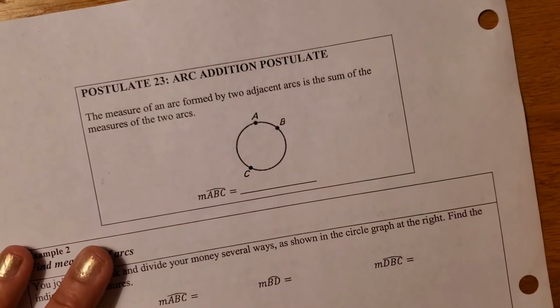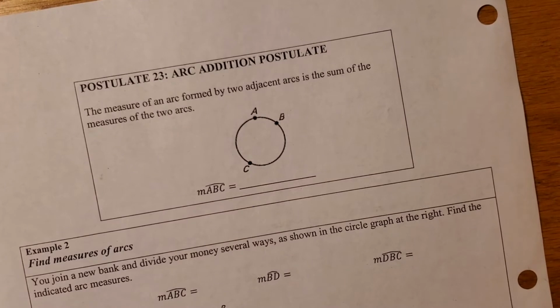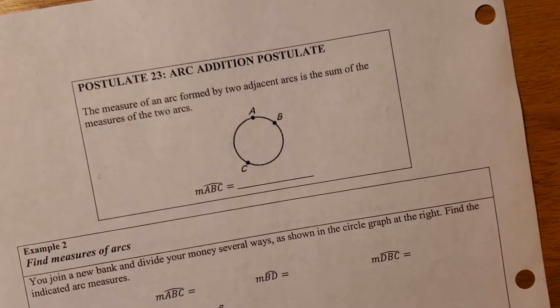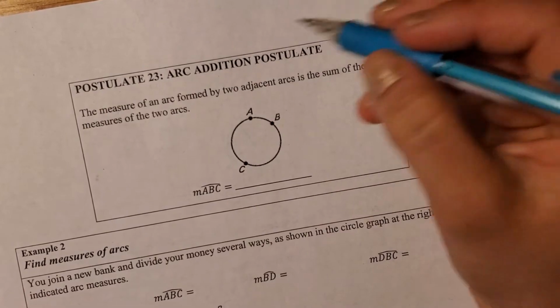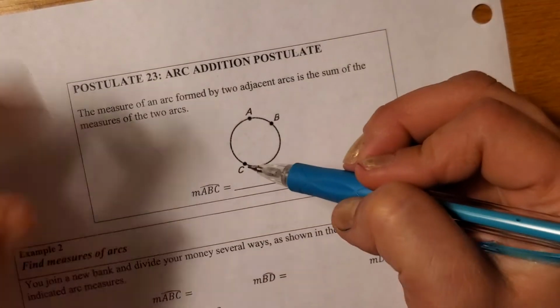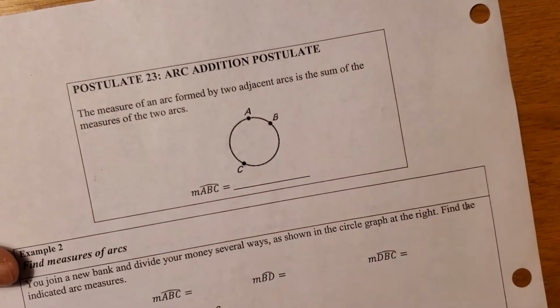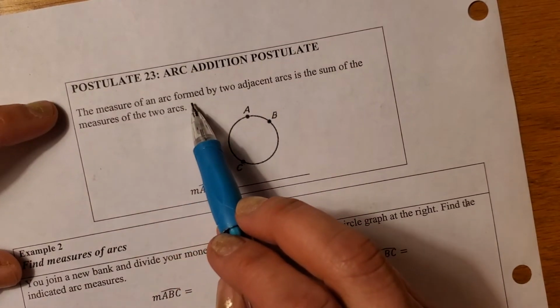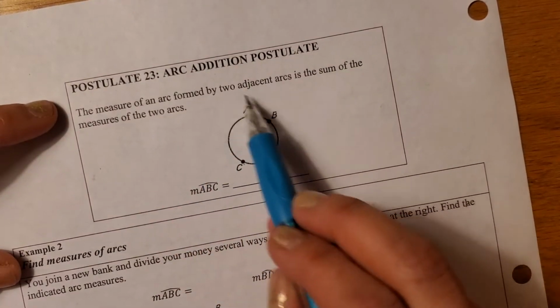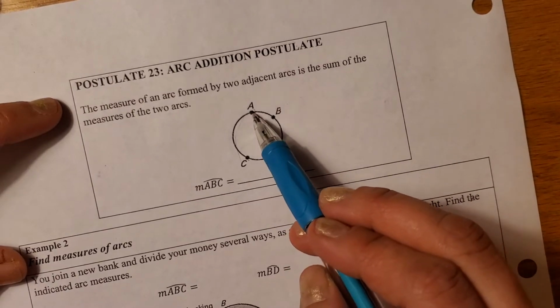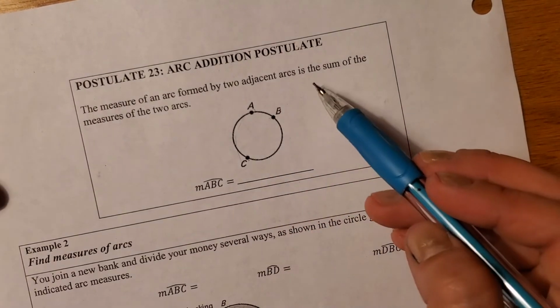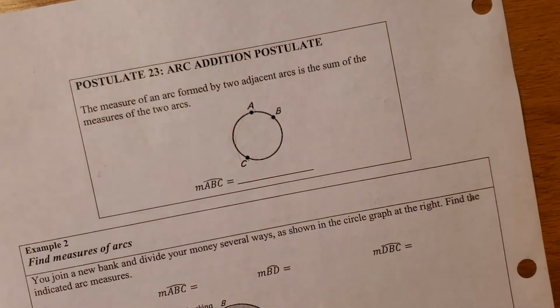On the back. Arc addition, very similar to segment addition and angle addition. We are adding the arcs around here. So the measure of an arc formed by 2 adjacent arcs, adjacent means next to, is the sum of the measures of the 2 arcs.